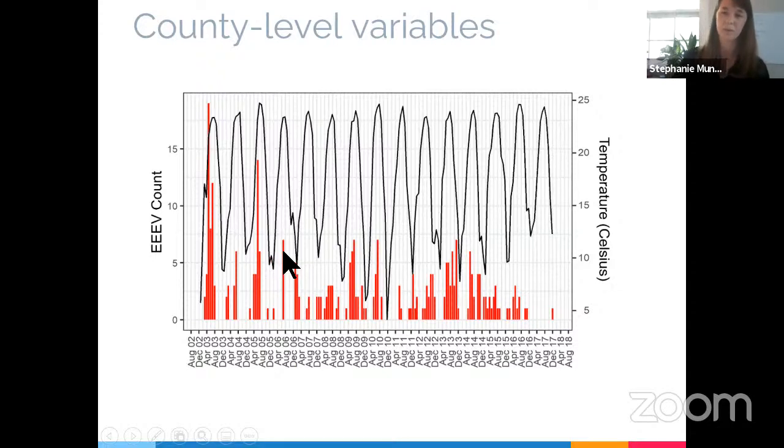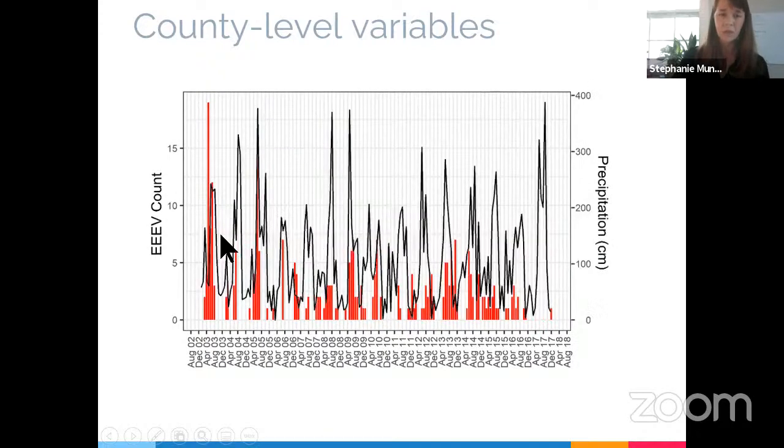Again, we have that summertime transmission. Looking at precipitation, there's some coinciding between precipitation peaks and EEE activity, or the number of EEE detections, but it's really not a perfect fit, and that's why it's important to get in there with the models and try to understand what that association is.